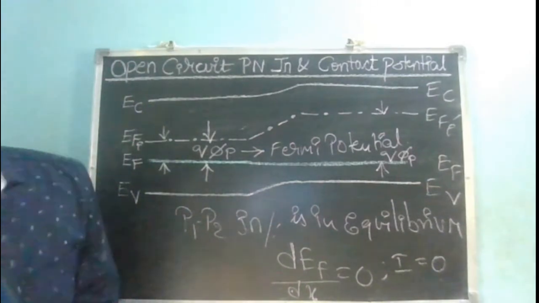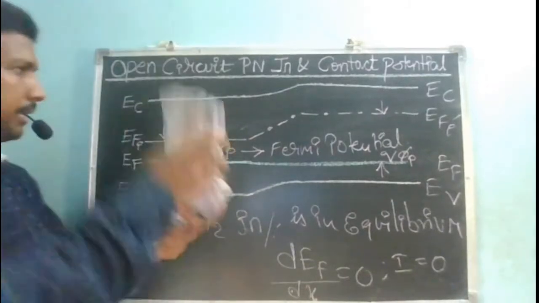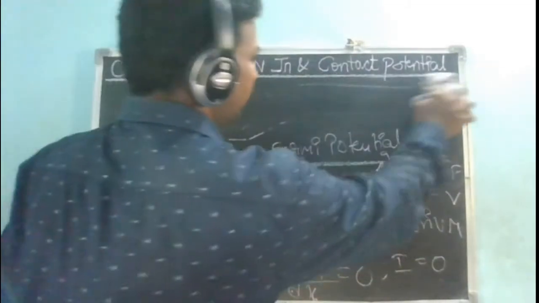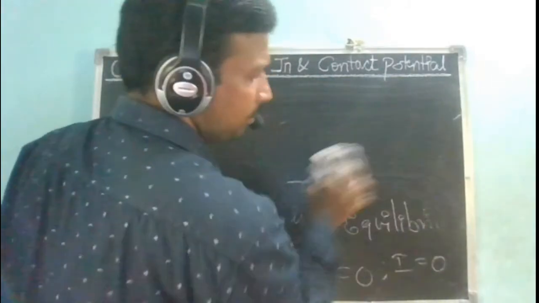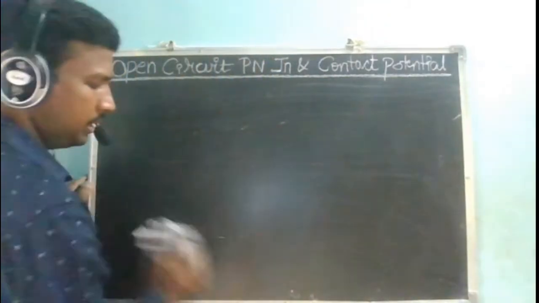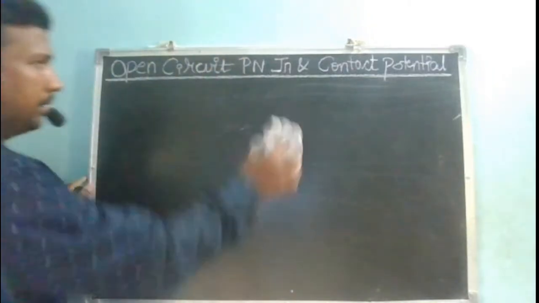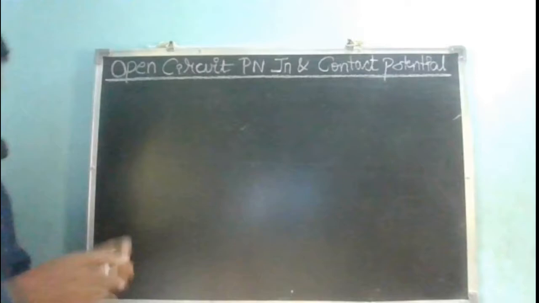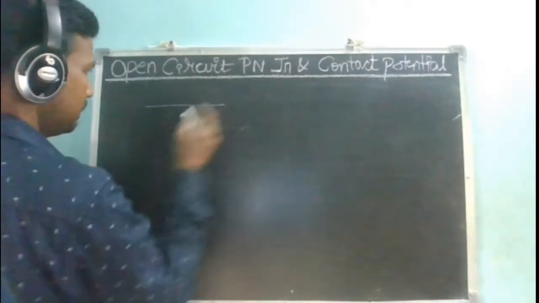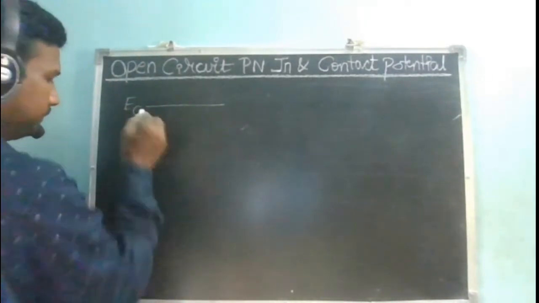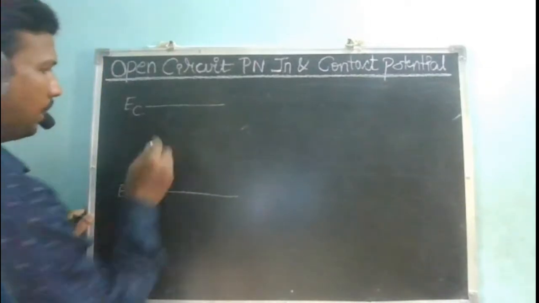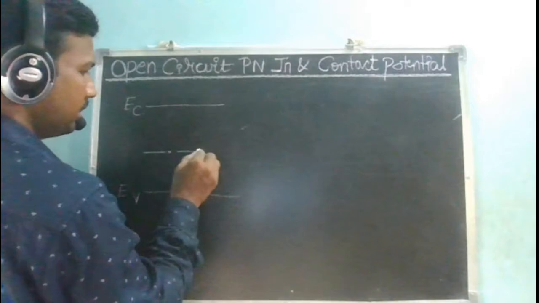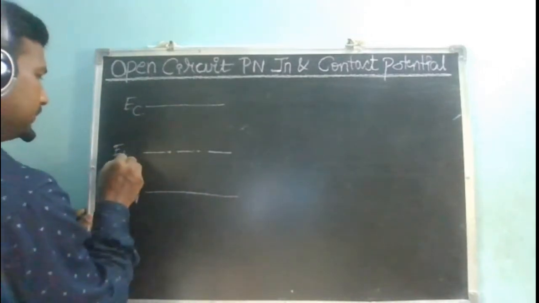We'll move on to N-type semiconductors in a similar way, and then finally we will move on to a PN junction. So let me show you EC, EV, and the intrinsic Fermi energy level, EFI.